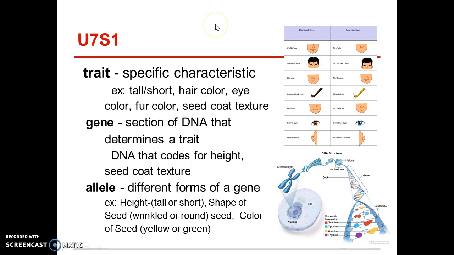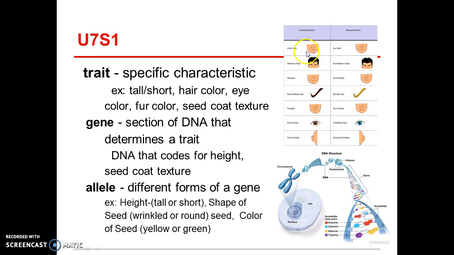Very basic terms. A trait is a specific characteristic. We talked about this in the last unit. I have a few examples listed here: tall, short, hair color, eye color, fur color if we're talking about animals, seed coat texture if we're talking about plants, and color.